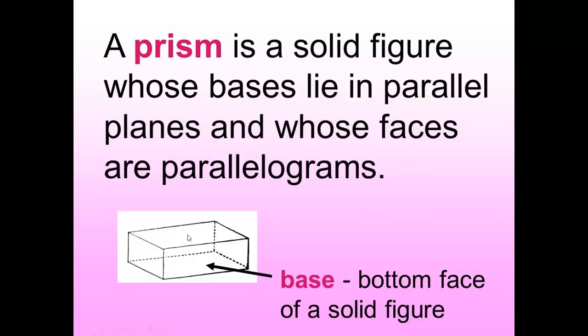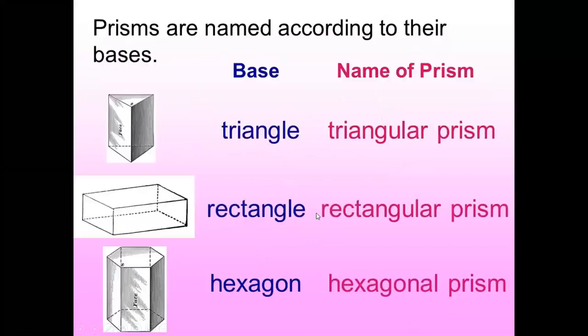In the prism we have two bases, one up and the other down, two opposite bases. And the other faces are parallelograms or rectangles, because a rectangle, you know, is a parallelogram. This is an example of a prism.